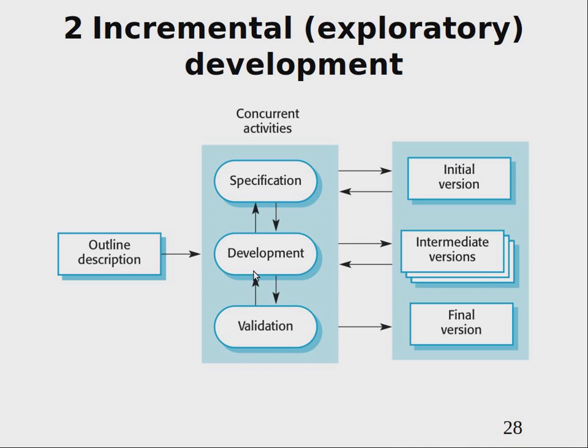Then you may go back to development or specification again, and then you redo it. And then you may have, as output, an initial version of this specification. Then during these cycles you may get different kinds of intermediate versions, and then when you hopefully go out of this loop, you get a final version. And I will stress this later when we go into more detail about different kinds of methodologies.